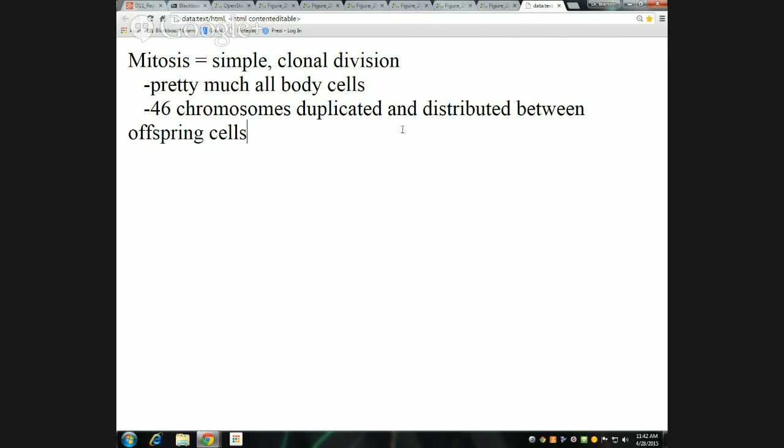So I'm using the term offspring cell here, as the question came up earlier, aren't they called daughter cells? The term daughter cell is actually falling out of use, partly because it sounds sexist.